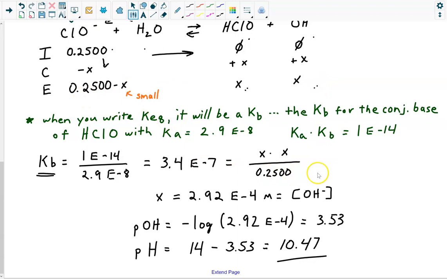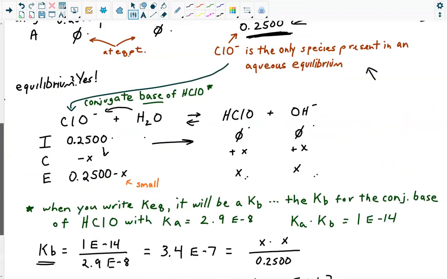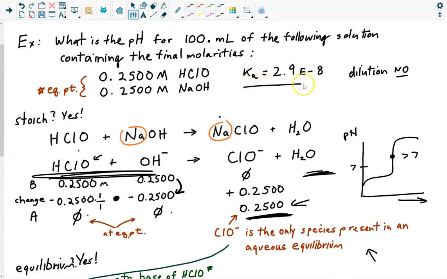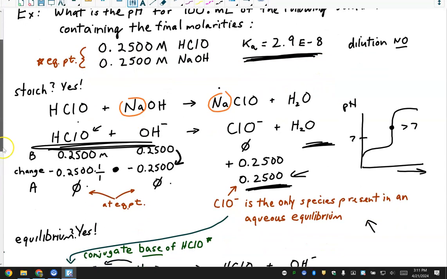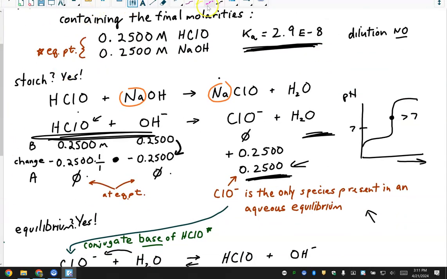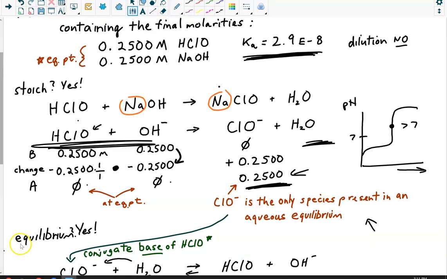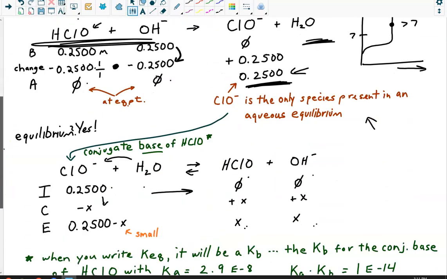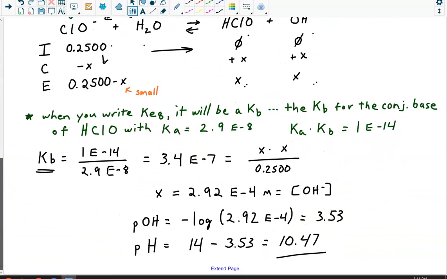Well, that's not going to be the Ka that's given up here. That's if you had HClO left over. But you have only ClO minus, and so what this is going to be equal to is the Kb.